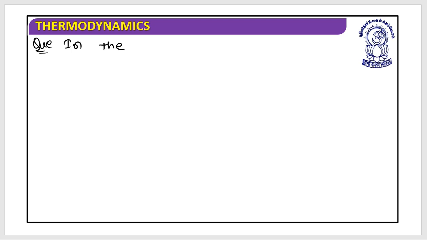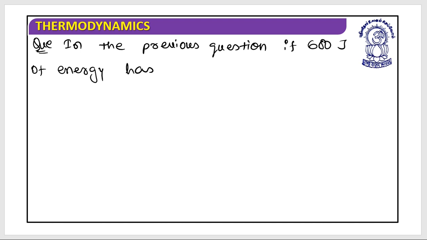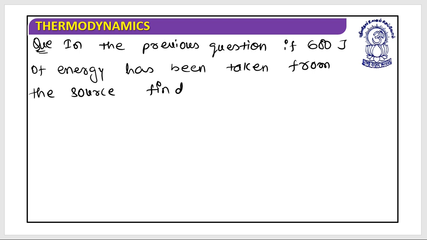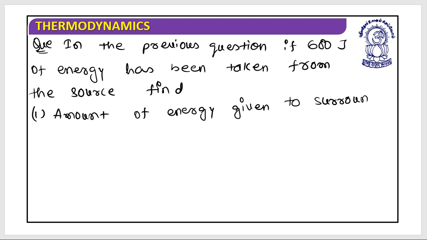In the previous question, if 600 joule of energy has been taken from the source, find first the amount of energy given to the surrounding, and second, the work done achieved per cycle.